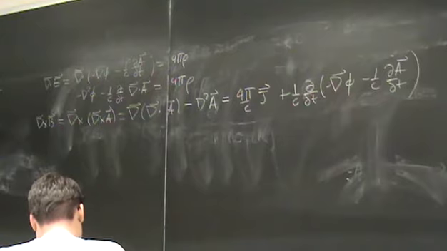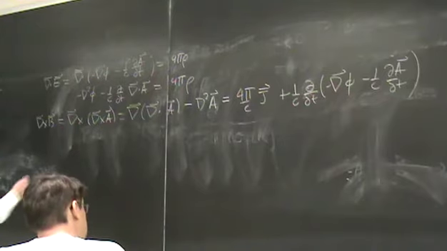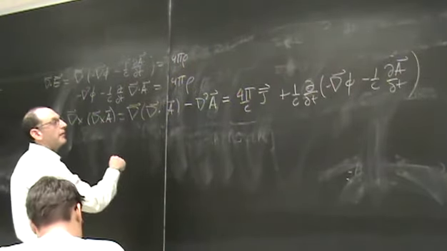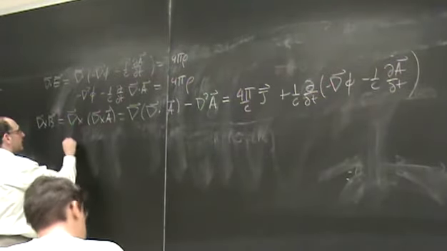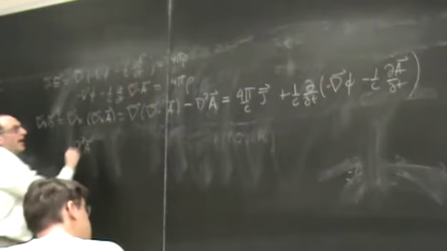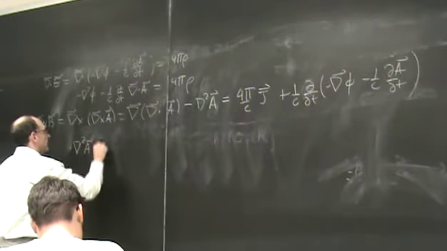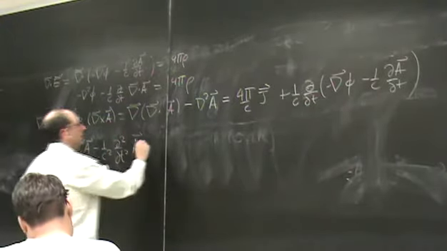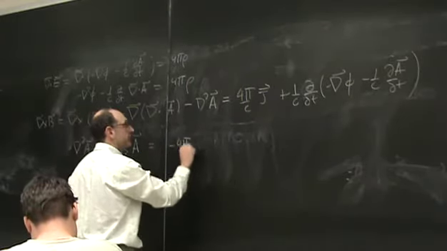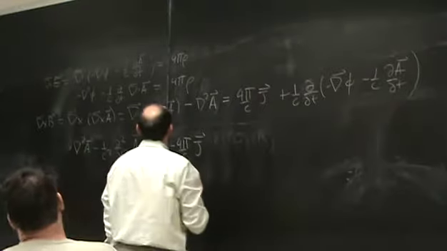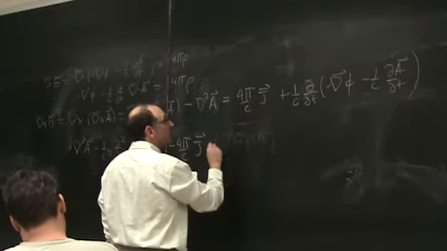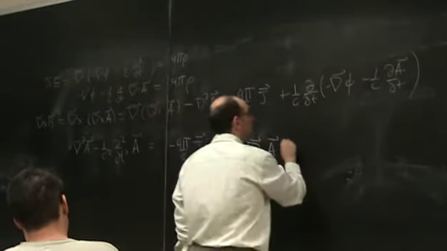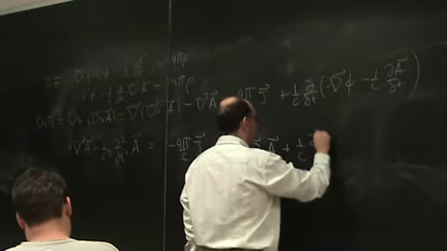So, what do we get? We get here then the Laplacian of A minus 1 over c squared d squared by dt squared of A is equal to minus 4 pi over c j plus the gradient of del dot A plus 1 over c d phi/dt.